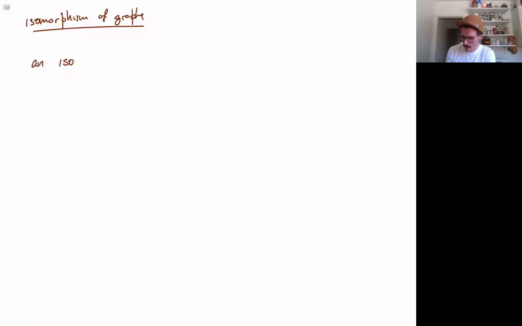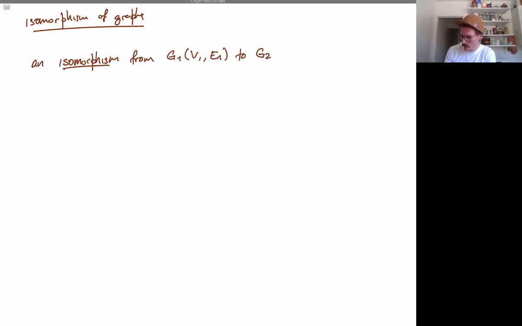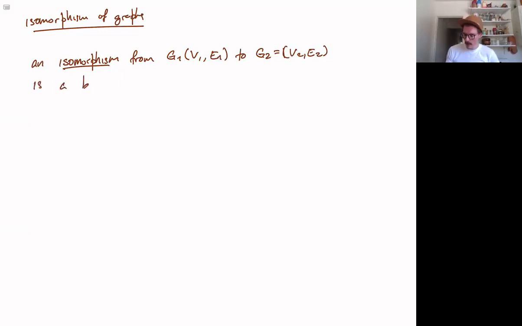An isomorphism from a graph G1 to G2 is a bijection of the vertex sets.